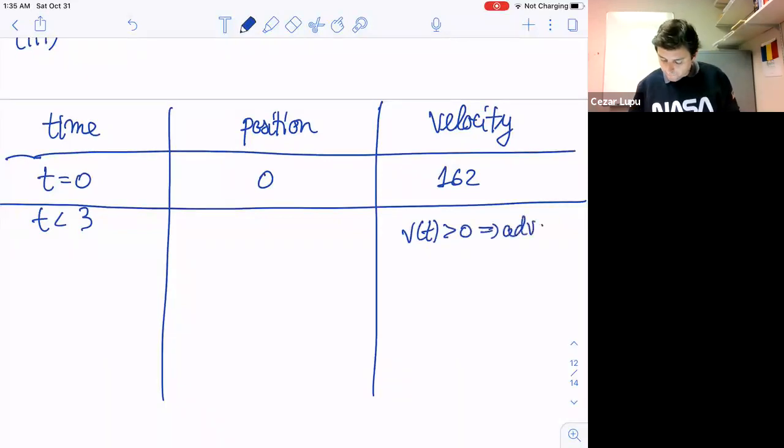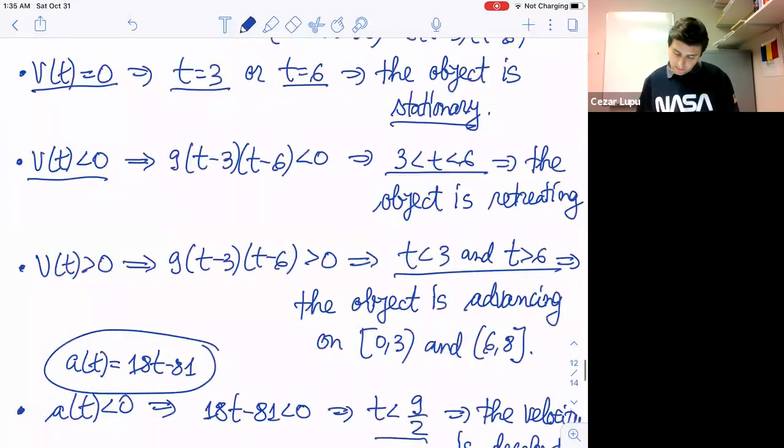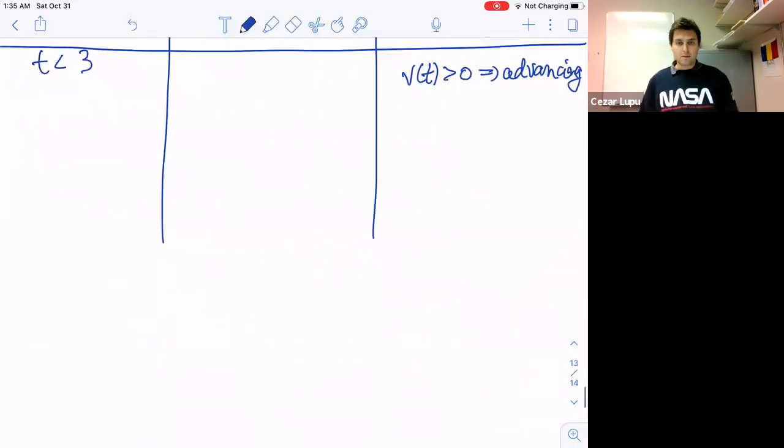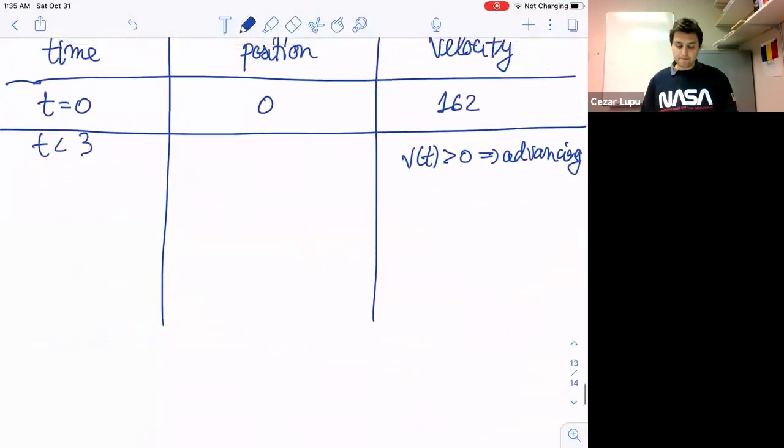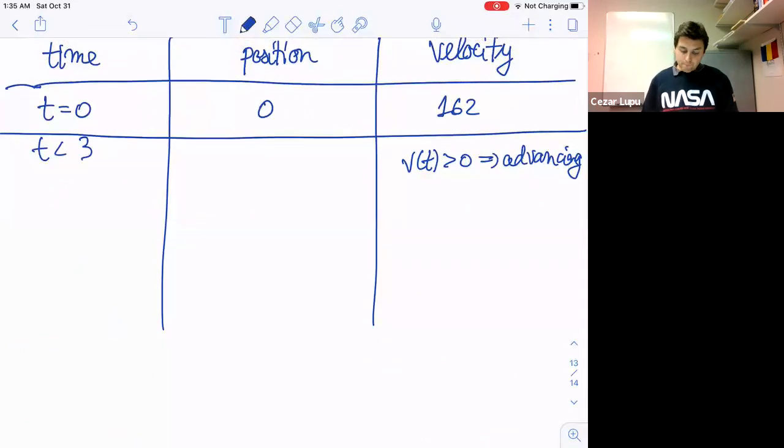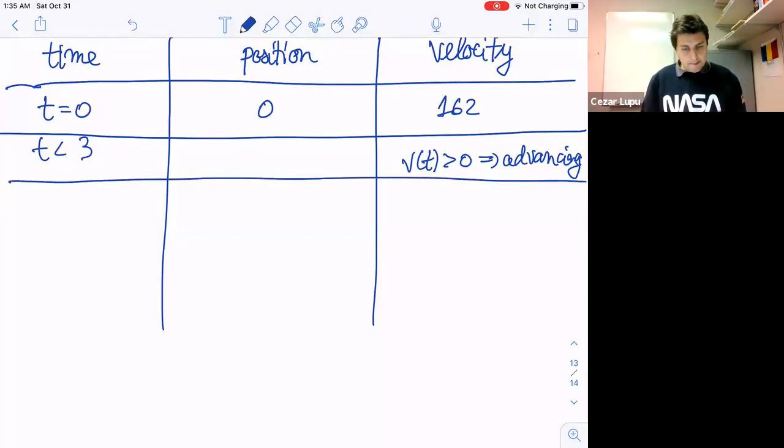That's what we said above. What else? When t equals 0, maybe I should say, wait.